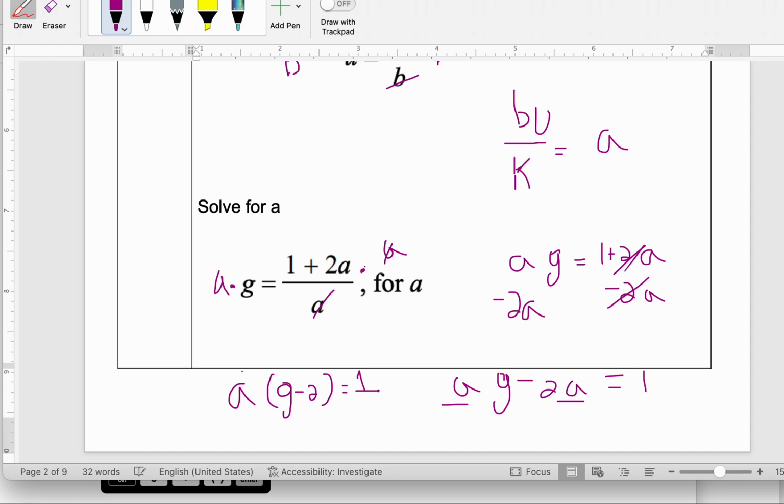Now, we want A by itself. So we want to take this phrase, what's being multiplied by A, and get rid of it. This whole thing is getting multiplied to A, so I'm going to divide out the whole thing.